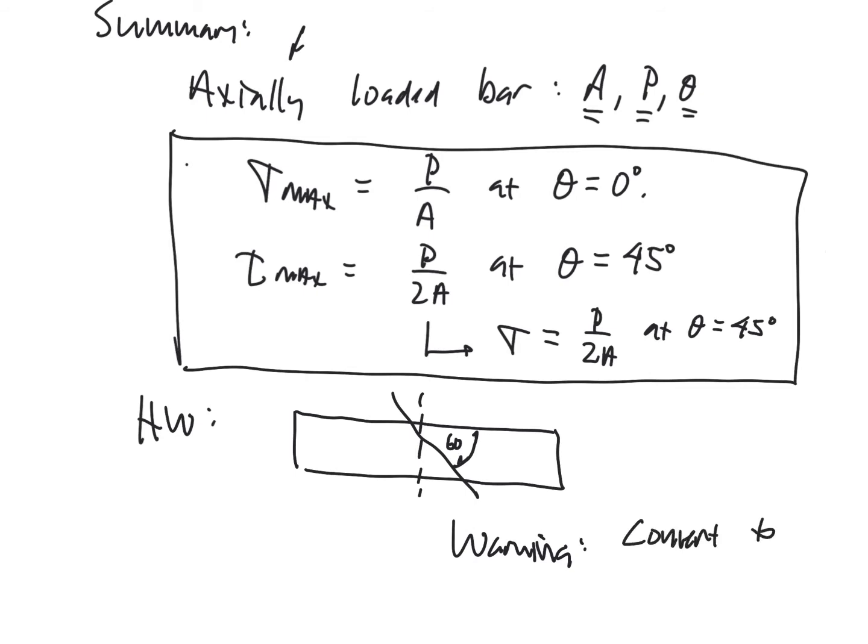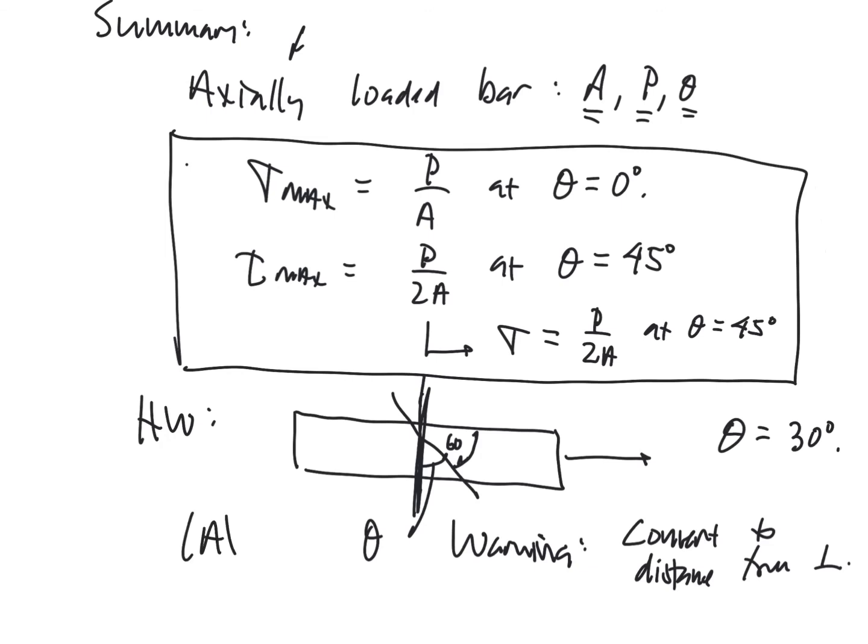Convert to the angle from the perpendicular line. So if this is the load, this is the perpendicular line, and that's our theta. So in this case, theta would be equal to 30 degrees, not the 60. Just be aware of that as you take a look at some of the homework. But we're going to do an example problem next. But for right now, that is done for part A.